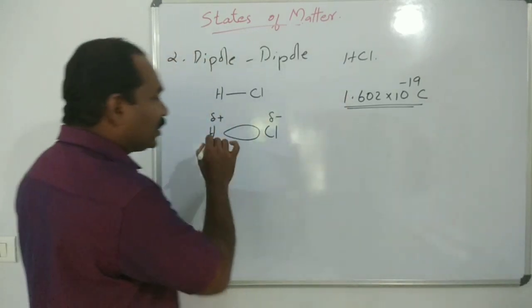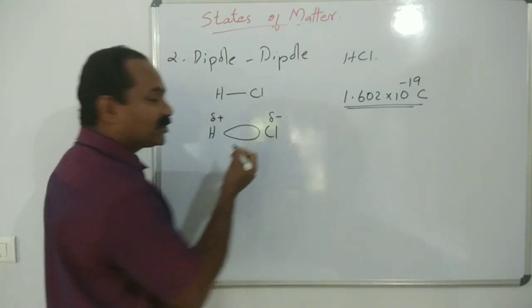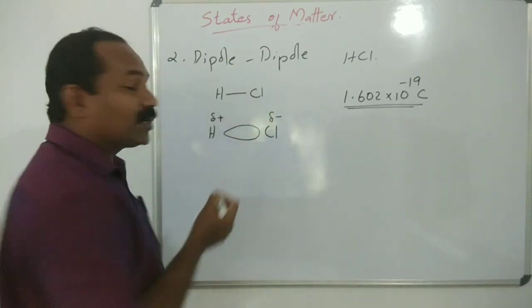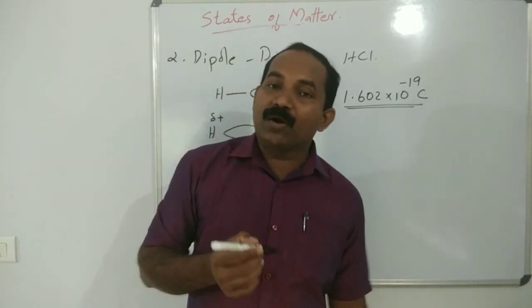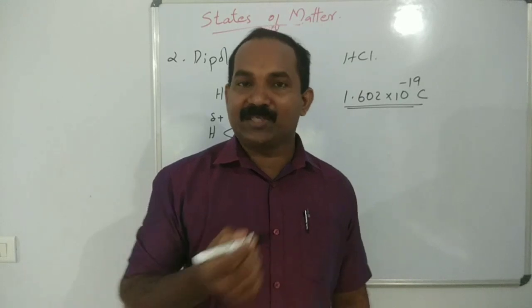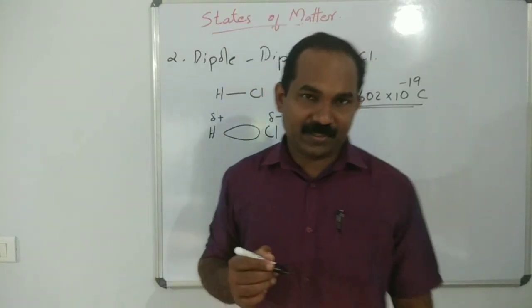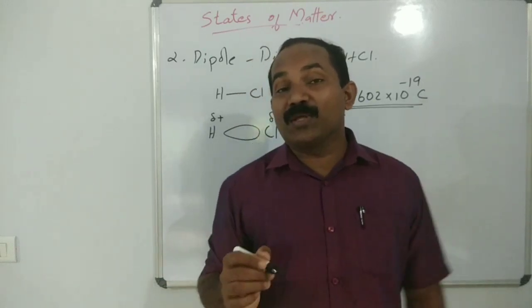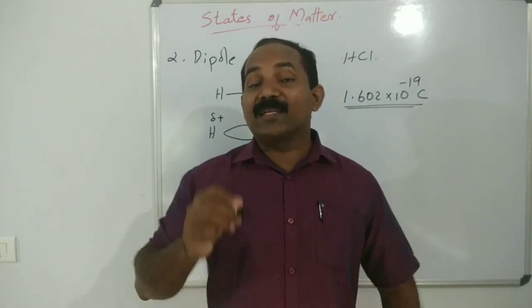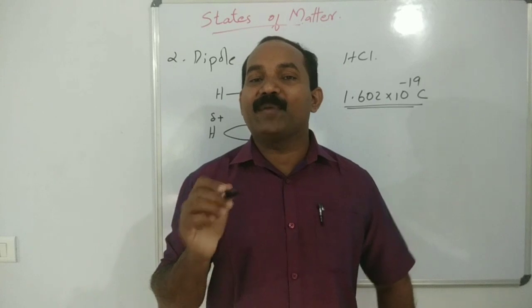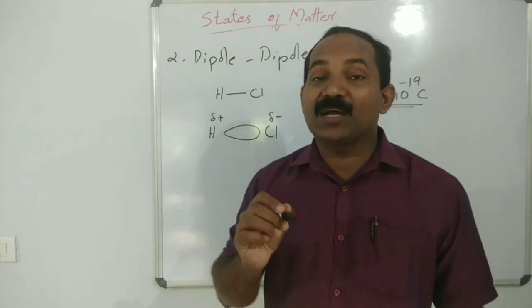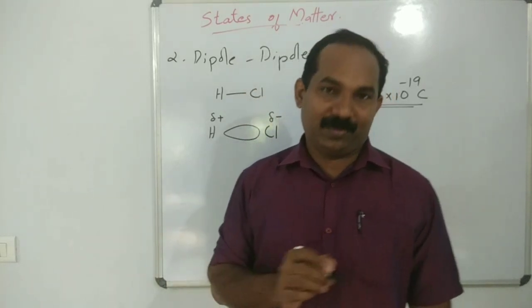The partial charge is less than the unit charge of the electron. Here the electron density is more towards the chlorine atom, and that's why chlorine gets a partial negative charge and the hydrogen gets a partial positive charge. That means the molecule is polarized and it has a permanent dipole. HCl has a permanent dipole.